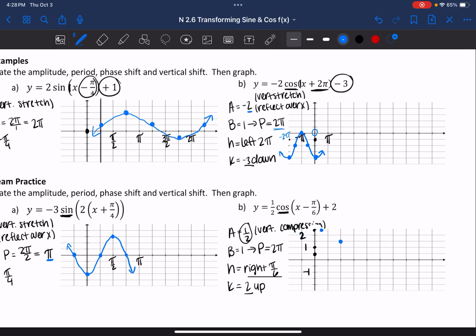And then my minimum would be, oops, sorry, I went one too far down. So I would be here, and then again I would be back in between because of that shift.